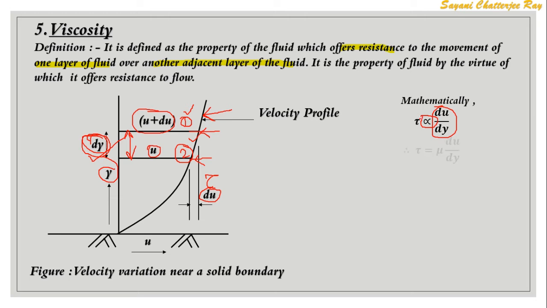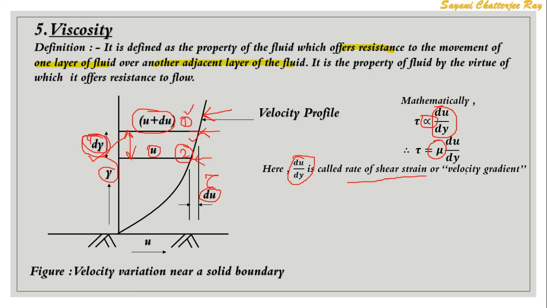So, tau equals mu du by dy, and mu is the constant of proportionality, which is also known as the coefficient of dynamic viscosity. Du by dy is the rate of shear strain, or it is called the velocity gradient. Thus, we can say that shear stress is directly proportional to velocity gradient or rate of shear strain. From the above relation, we can find the value of mu, or coefficient of dynamic viscosity, which equals tau divided by du by dy.